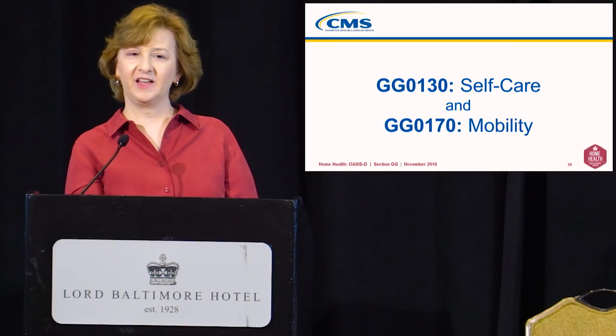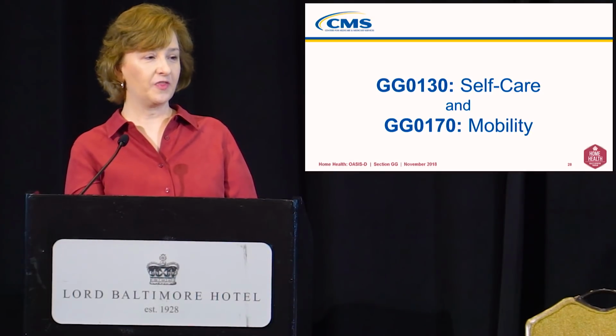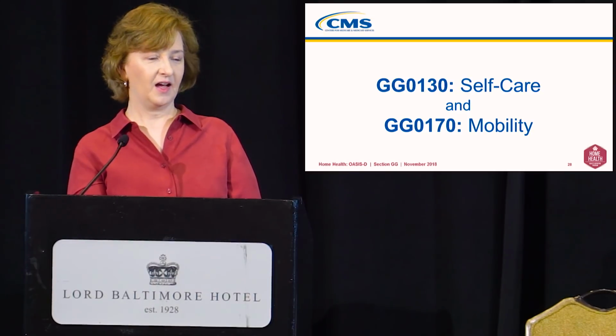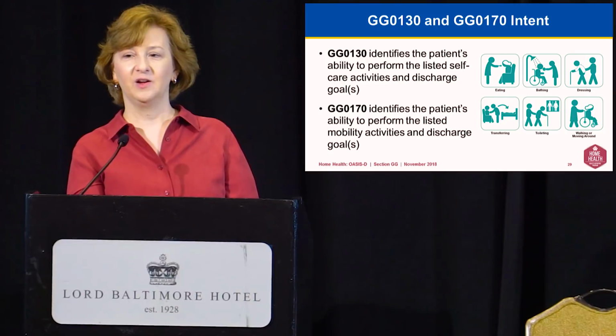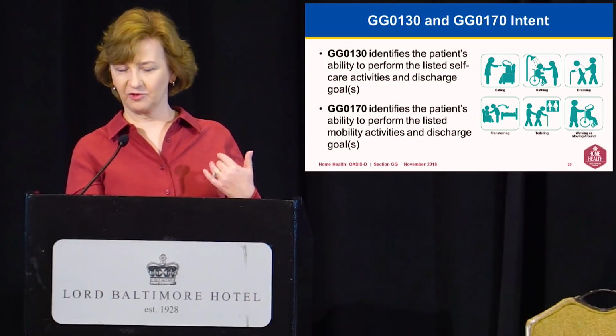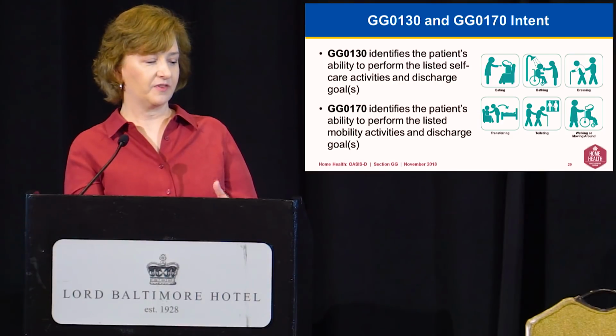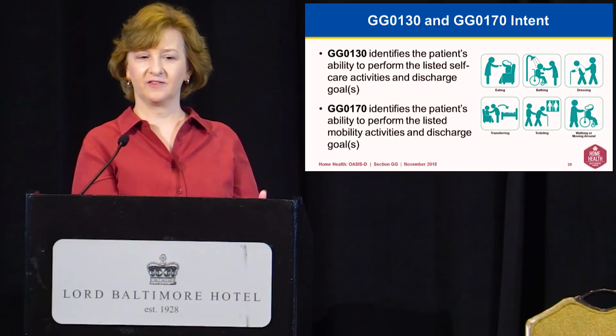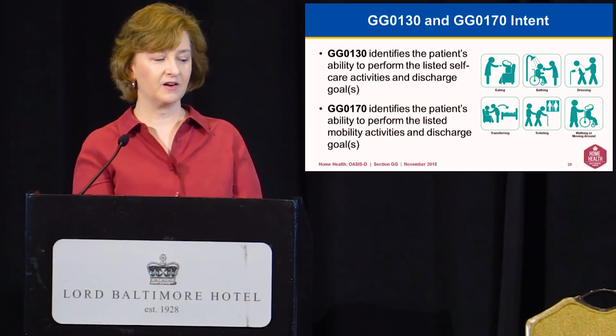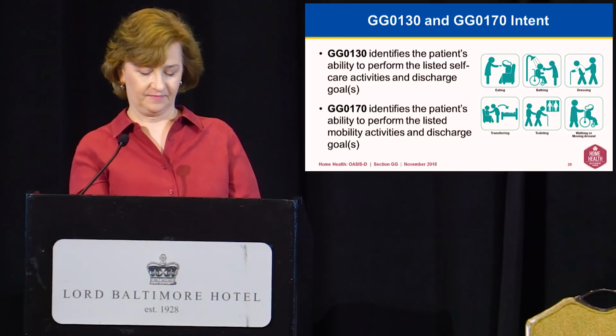All right, so now moving into the GG0130 self-care and GG0170 mobility items. So these particular items, again, look at assessing the patient's performance in terms of self-care and mobility activities at the time of the start of care or resumption of care, as well as discharge.